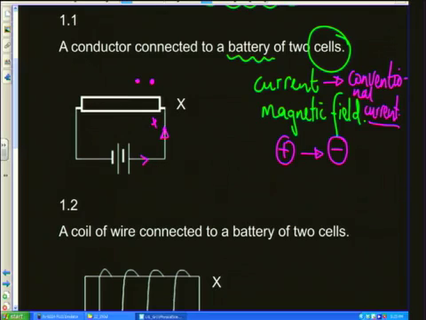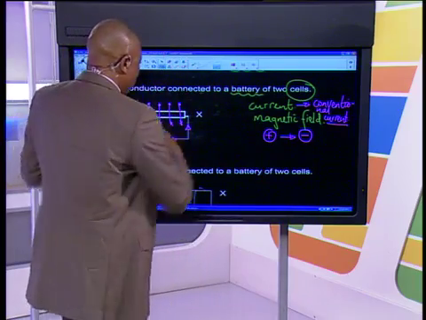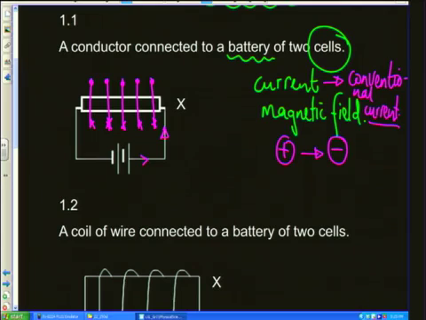Okay, I would have this happening, and this would be representing the magnetic field around that current carrying conductor. And I can do that because we actually use lines to represent a magnetic field, so I can show it like that, only knowing that it's entering there and coming out from the bottom there. So I have shown both the direction of the current and the magnetic field associated with this current carrying conductor.